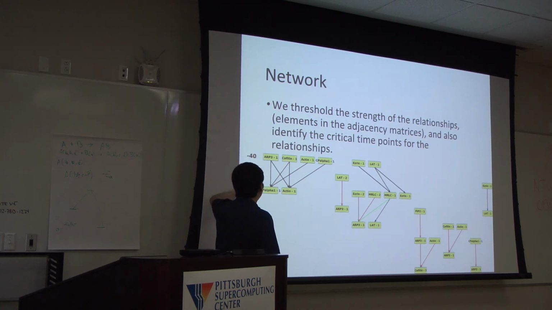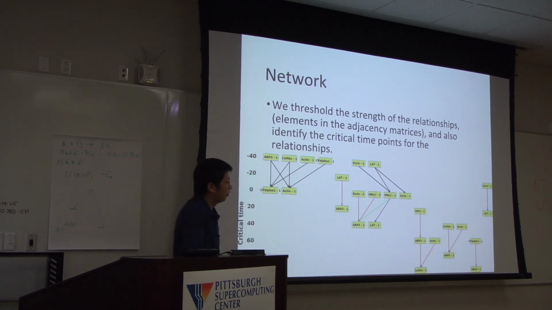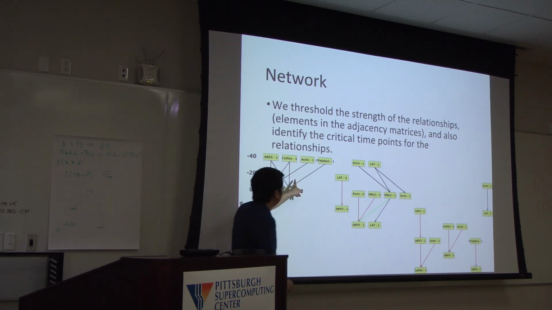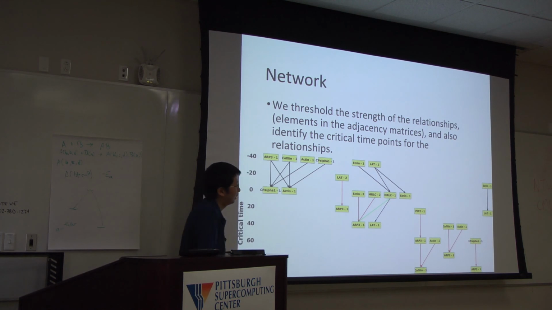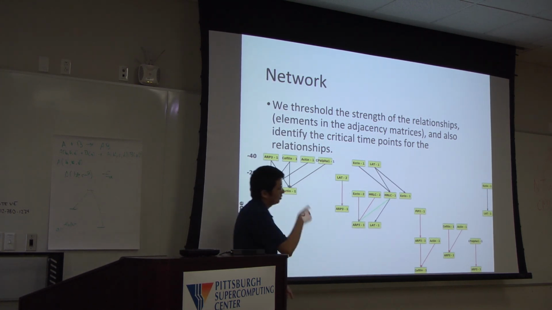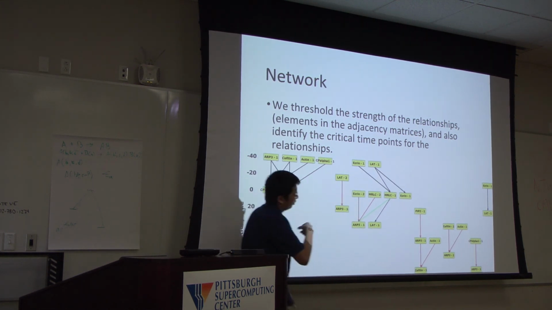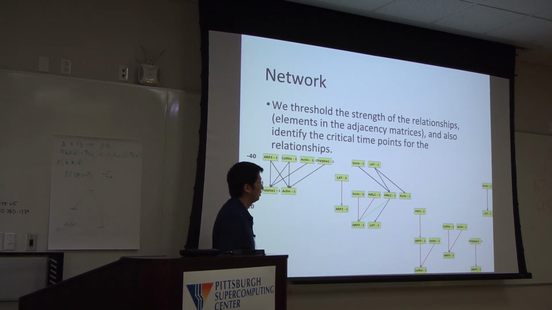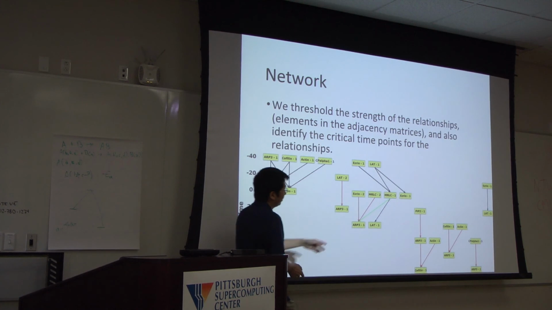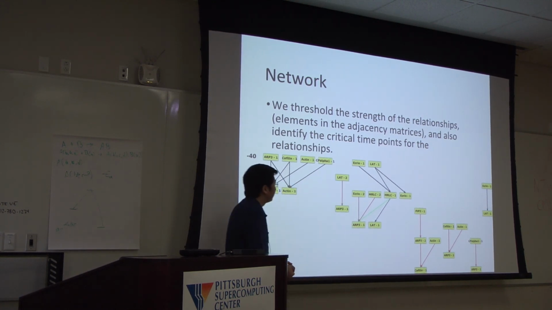So here we have the time points. 0 means the formation of the synapse, and the color of the arrows stands for different types of relationship. Black means cause goes up, effect goes up. Red means cause goes down, effect goes down, and blue means cause goes up, effect goes down.